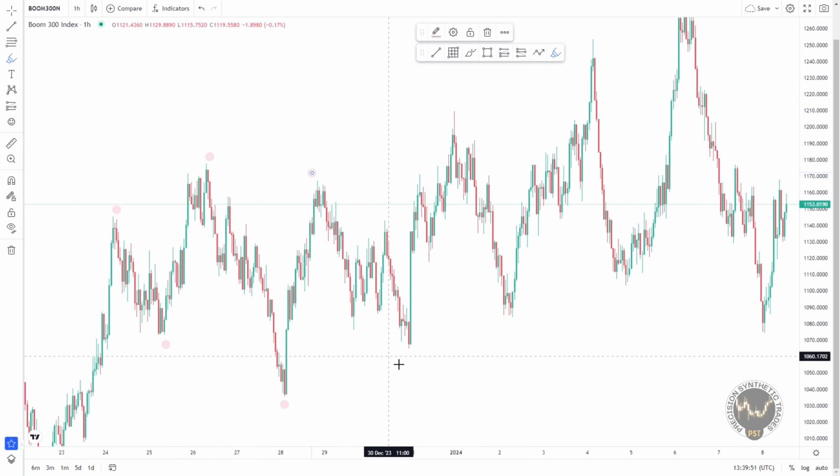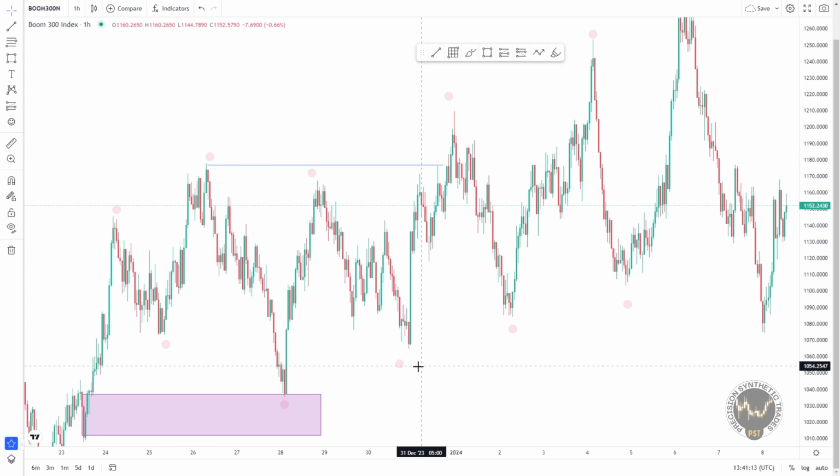The reason this is the last valid low I'm considering is because this impulse move up took out this high. So that's why this is my valid low. Low, high, low, high, low, high.